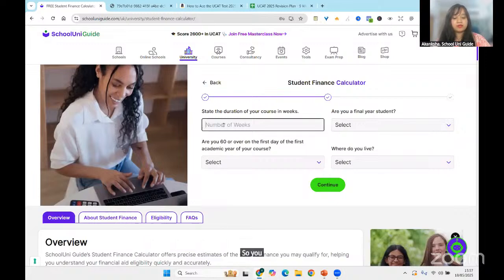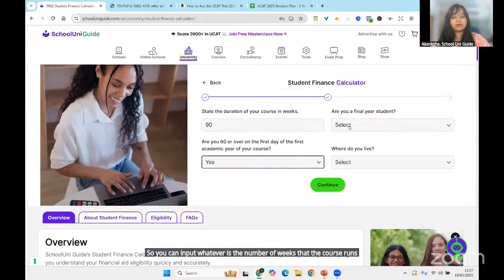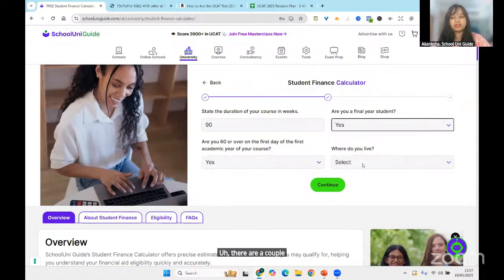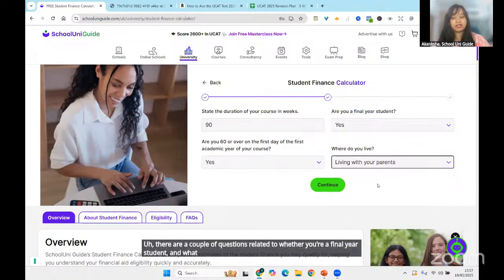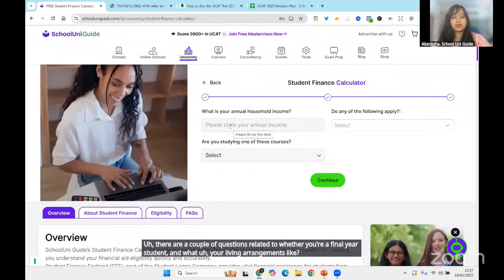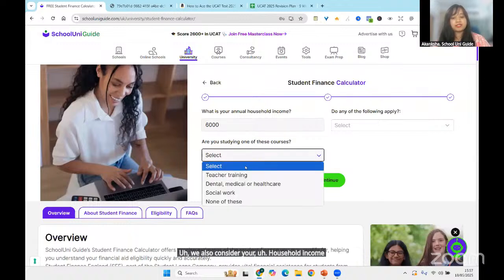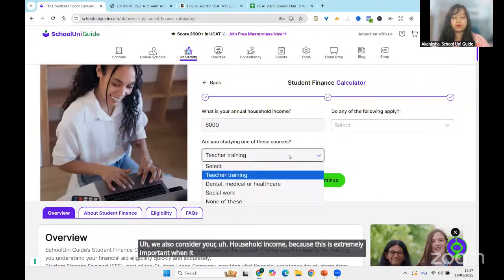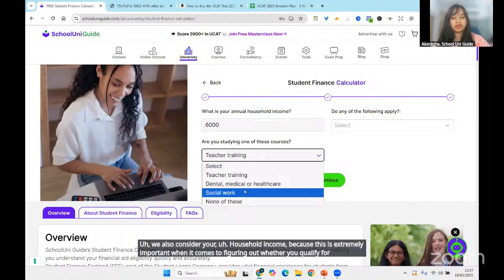So you can input the number of weeks that the course runs for. There are a couple of questions related to whether you're a final year student and what your living arrangements are like. We also consider your household income, because this is extremely important when it comes to figuring out whether you qualify for certain student finance.